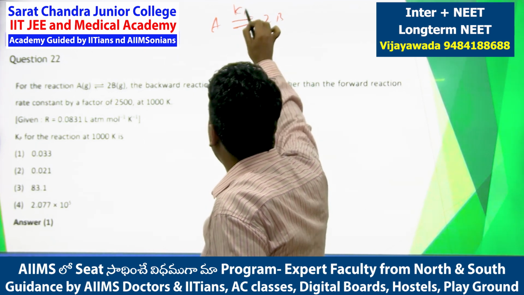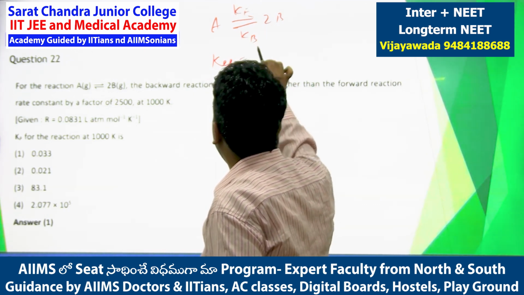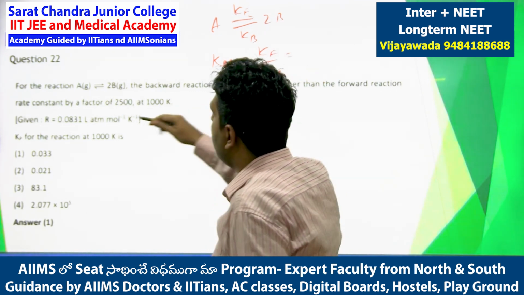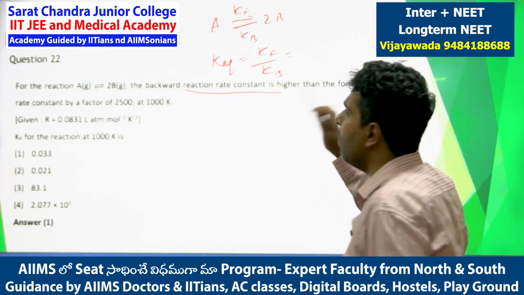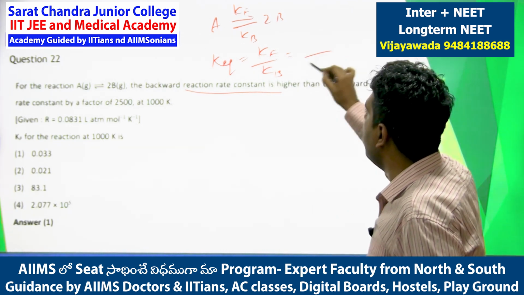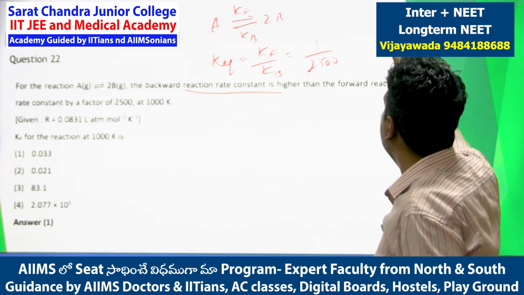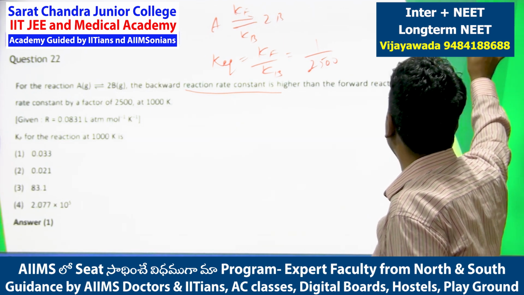So rate constant for forward, rate constant for backward. So equilibrium constant will be rate constant for forward divided by rate constant for backward. Now rate constant for backward reaction is higher than forward reaction. So rate constant for backward is 2500 times the forward reaction.